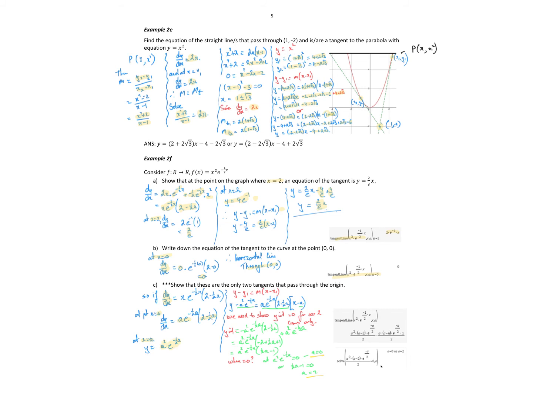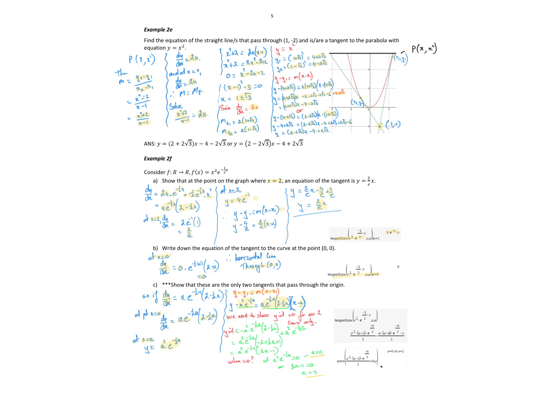So there's my tangent line. y minus y1 equals the m value times x minus x1. Probably should both be round brackets there, so whoops. Just to keep it consistent, or both square, it's up to me.